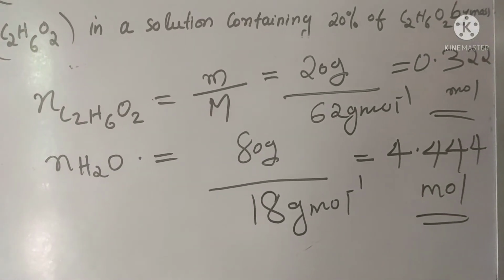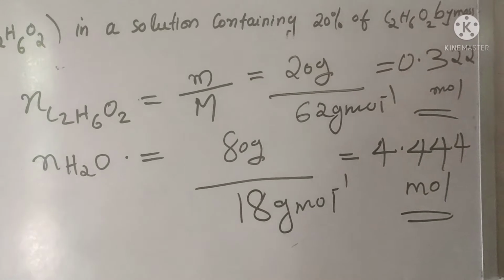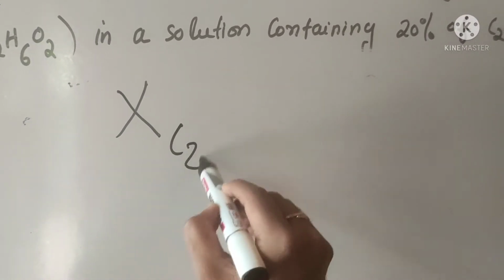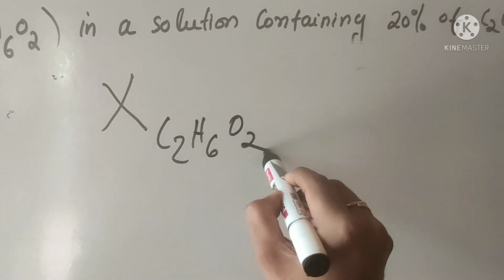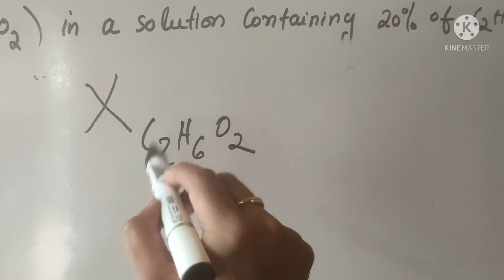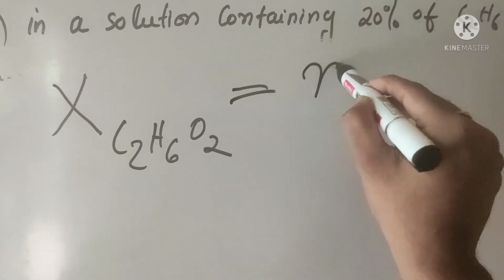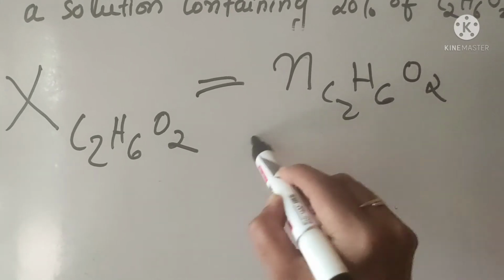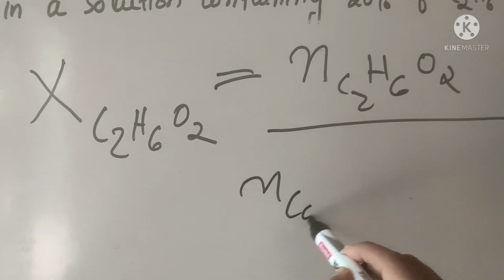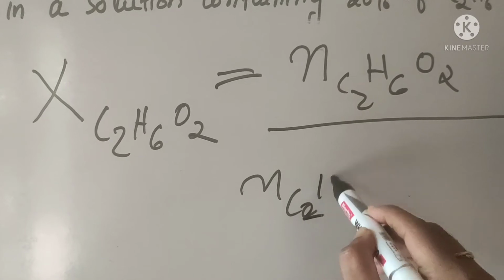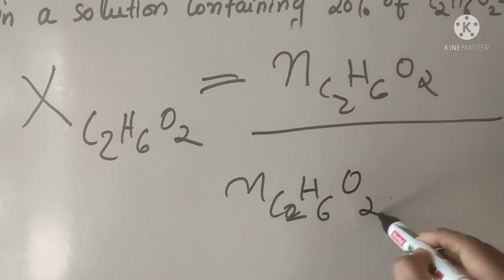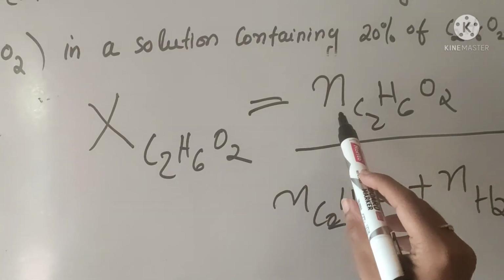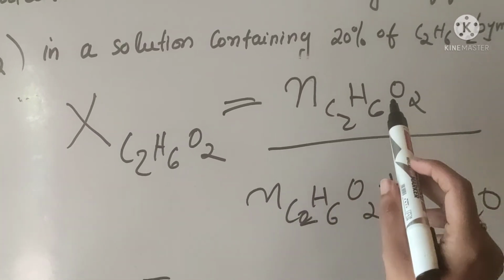Next we have to calculate the mole fraction of ethylene glycol, that is XC2H6O2, or we can take it as XA. What is the formula? nC2H6O2 divided by nC2H6O2 plus nH2O. What is the value of nC2H6O2? We have already found it.